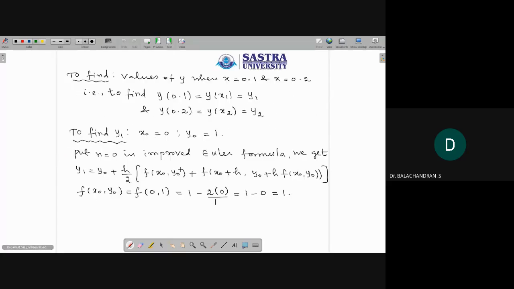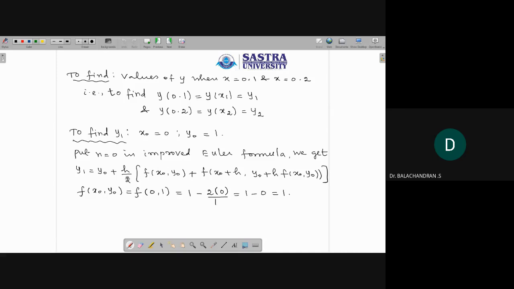Okay, so now first I am going to find f of x naught comma y naught separately, and then I am going to find f of x naught plus h comma y naught plus h into f of x naught comma y naught. Otherwise, you can find this value and then this value separately. You can do it step by step. There is no need to do it directly. So first I am considering f of x naught comma y naught.